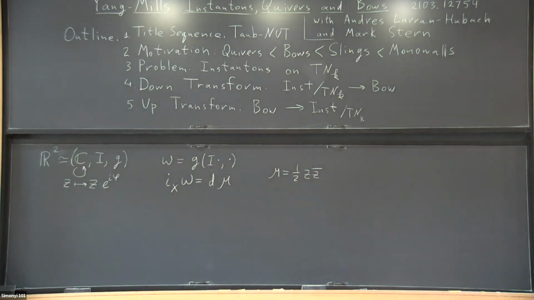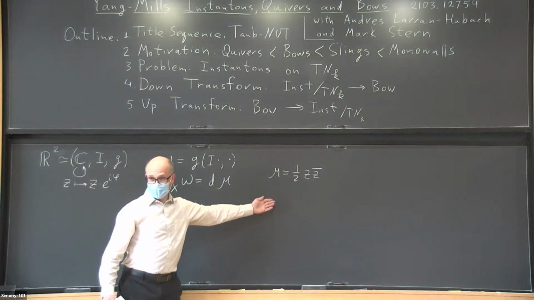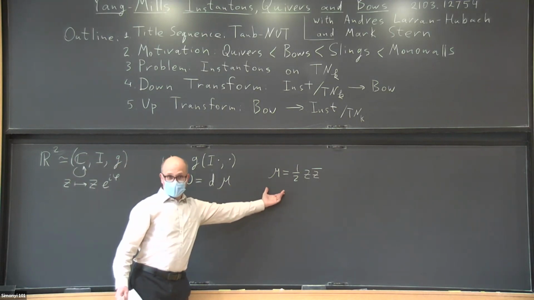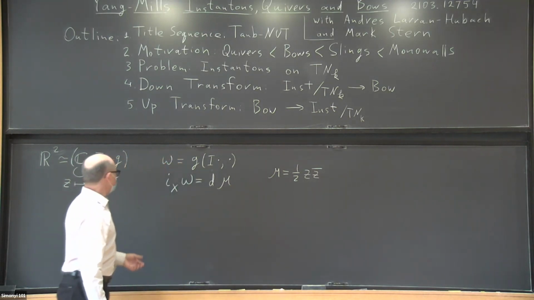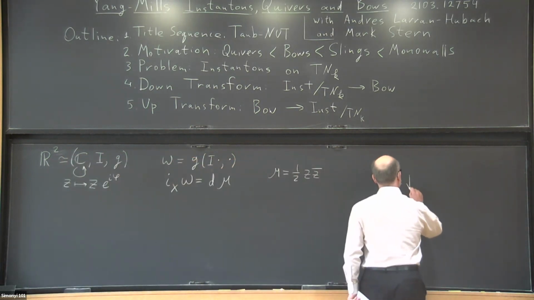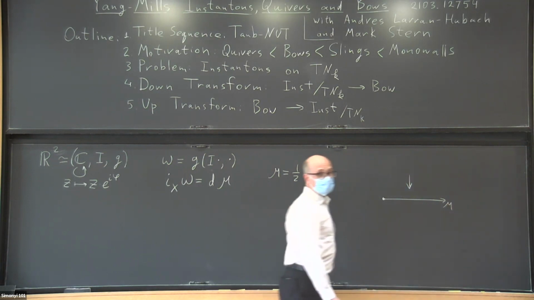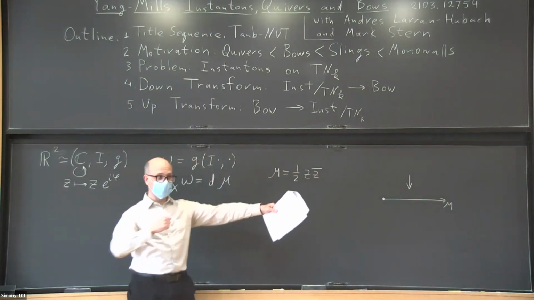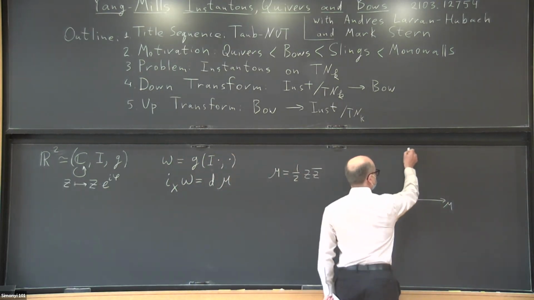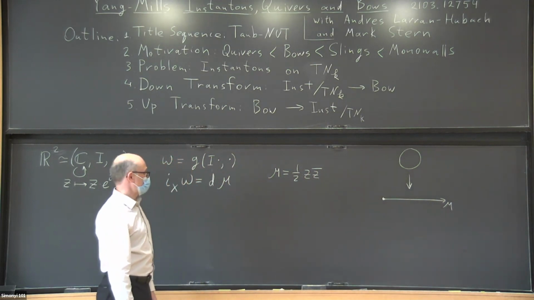So what we have now is, if you wish, another coordinate on the complex plane. One coordinate is the moment map, and the other is the angle. This is a projection of the complex plane onto the ray of non-negative numbers, and for every positive number, the orbit is a circle of given radius.